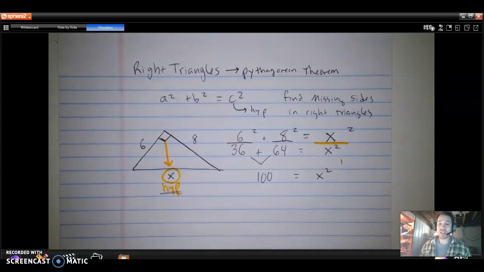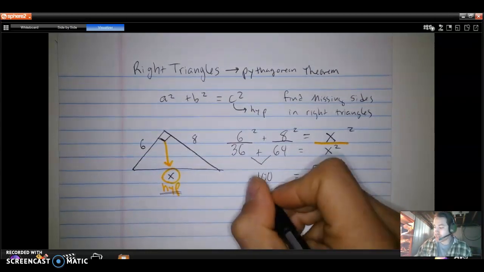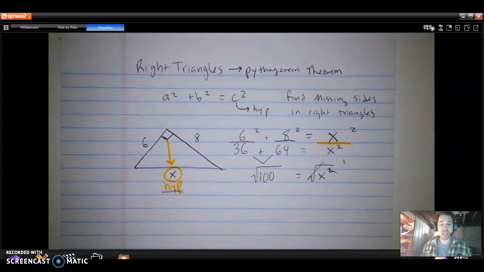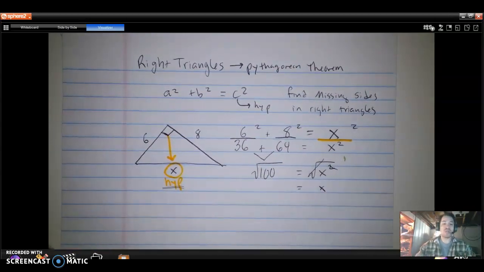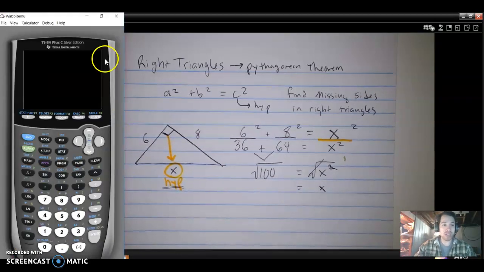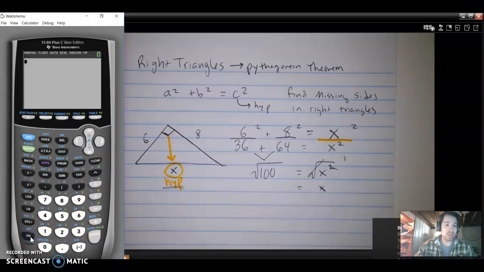Now, some of us can complete this square root in our heads, because remember, to get rid of a squared, we utilize a square root. But just to review, I'm going to show you how we do this in the calculator. Please make sure, if you go into our resources to get you started, I have a video that shows how to open up our emulating calculator here. I know most of us don't have one of these at home, and that's perfectly fine. The way we do square root, and make sure you're using the touch screen here, we hit second, and then notice this purple square root here.